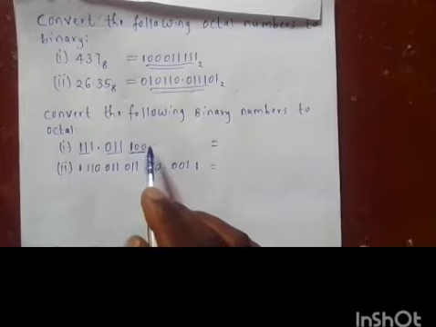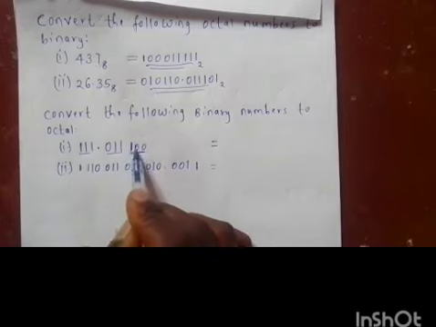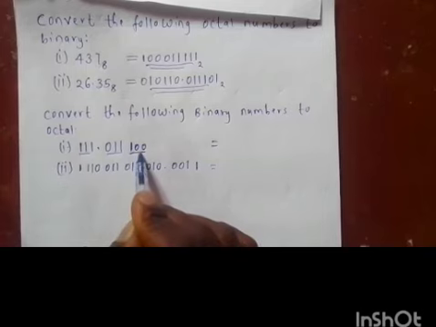So these zeros are not significant. So we complete these digits to be 100.